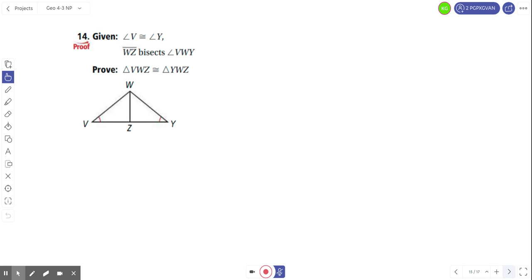And then you write a proof for this one. So you have to prove that these two triangles are congruent. It's always possible that there's not enough information, but make sure you use the given information, fill in as much as you can on the diagram, and write your proof.